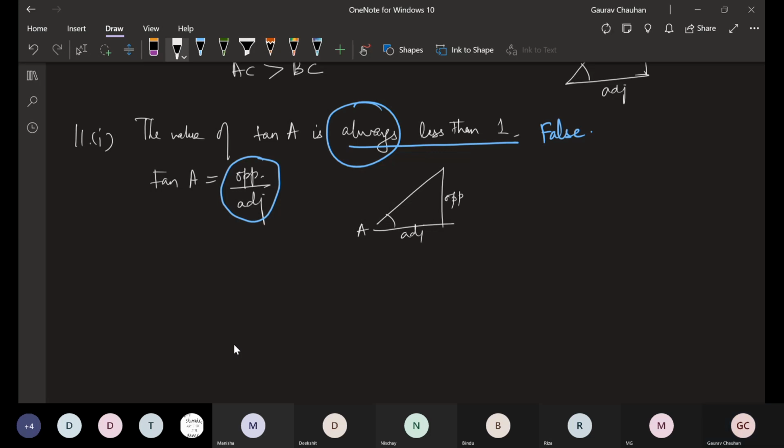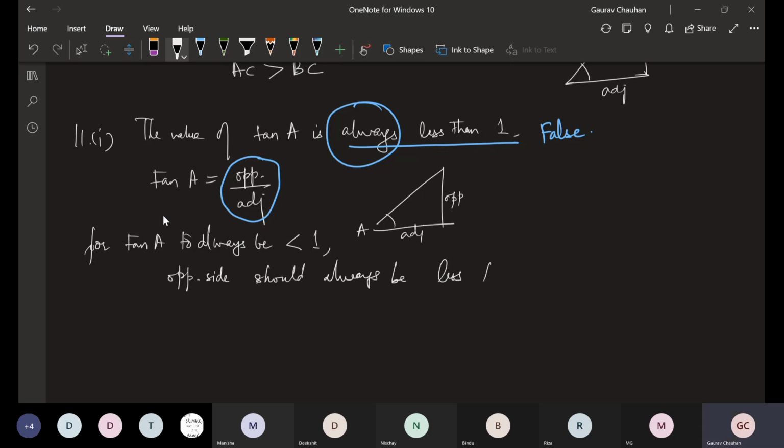Now for tan A to always be less than 1, the opposite side should always be less than the adjacent side. But that is not the case.